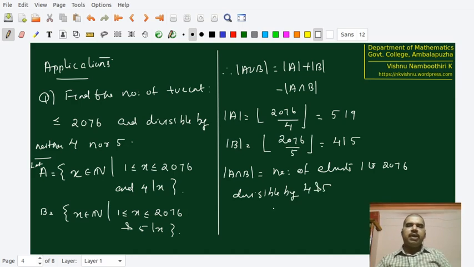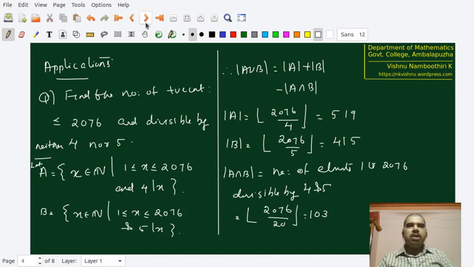But a number is divisible by 4 and 5 provided that it's divisible by 20. Therefore, this is equal to the floor of 2076 by 20, and that is nothing but 103.